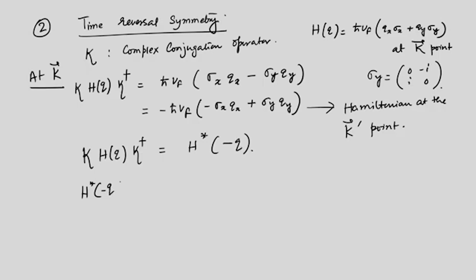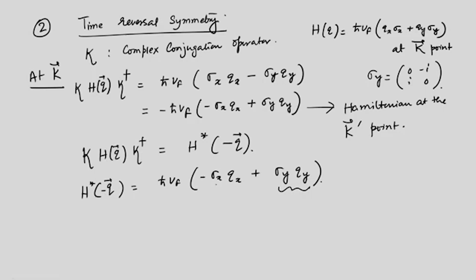This is equal to H cross V f minus sigma x q x plus sigma y q y and so on. Okay. Because we take a H star and then we also change. So, this term does not change sign, because sigma y changes sign upon taking a star, which means taking a complex conjugate, and q y also changes sign because there is a minus q there. I should write it with a vector here.